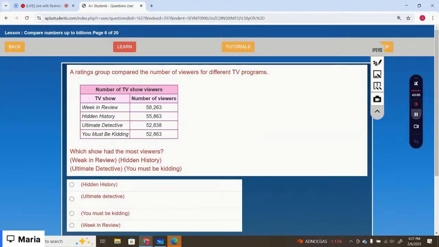A ratings group compared the number of viewers for different TV programs. Which show had the most viewers?